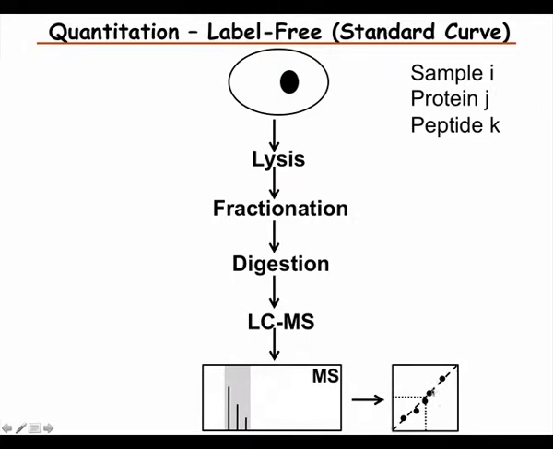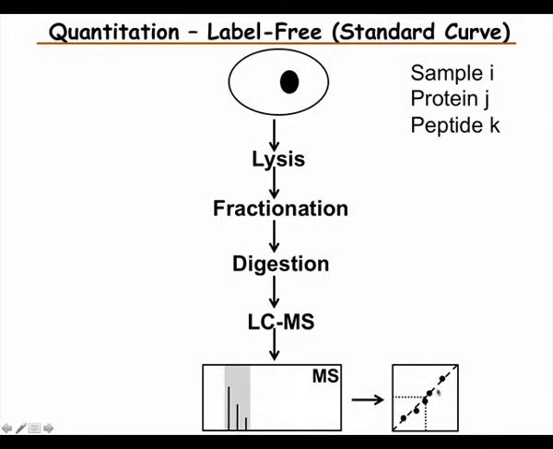So we get this standard curve, which usually has a linear range in the middle, and then at some point if we go down in concentration, we reach the limit of detection, and then at some point we get saturation at high intensity.